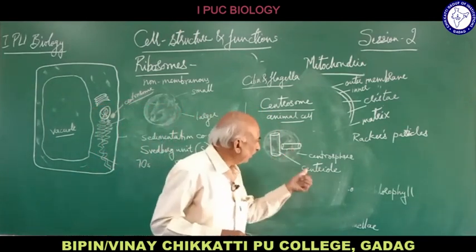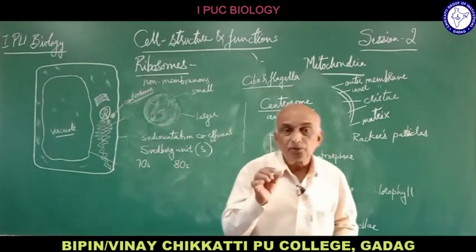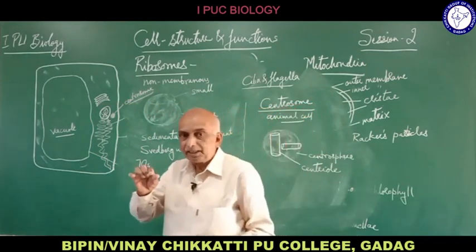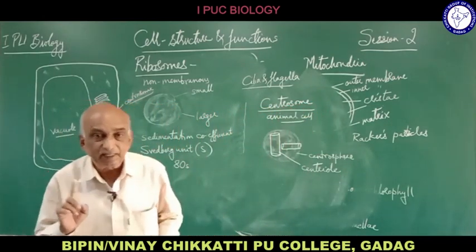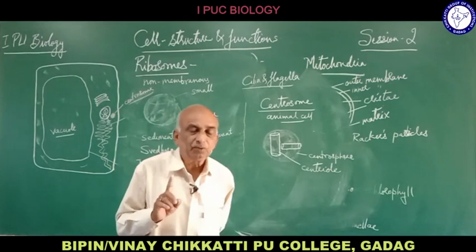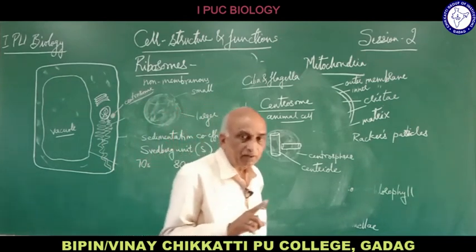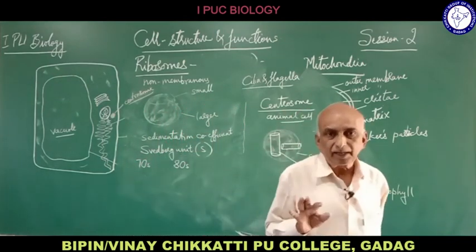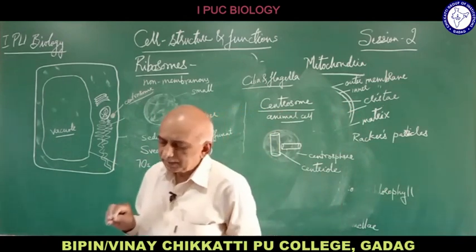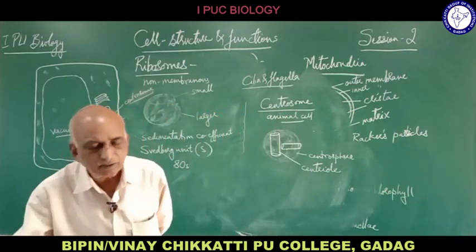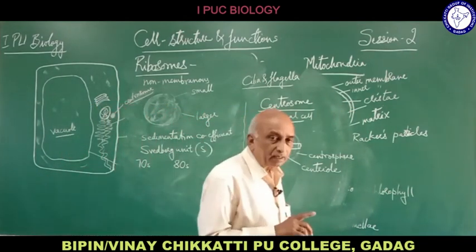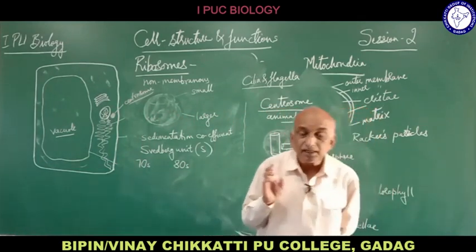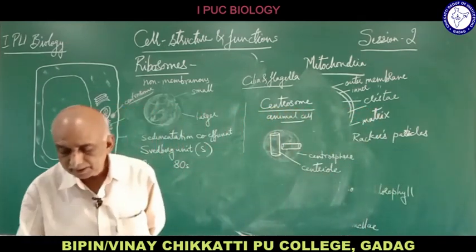In the centriole, the microtubules are arranged in triplets. In cilia and flagella, the microtubules are in doublets, 9 pairs of doublets. Here there are 9 triplets present in the centriole.